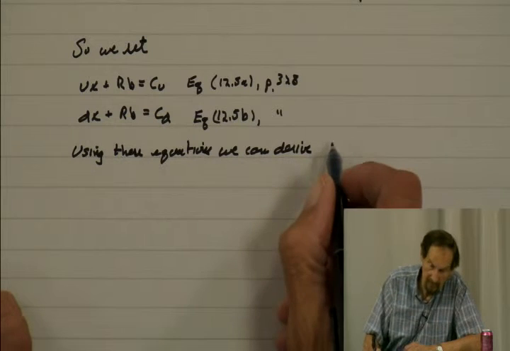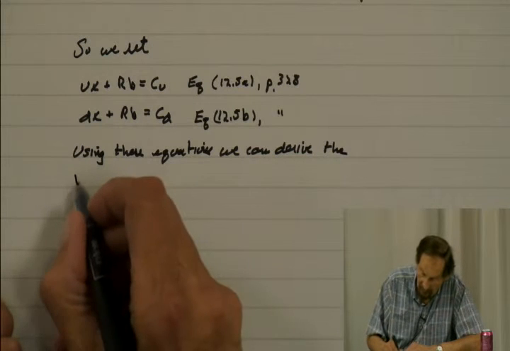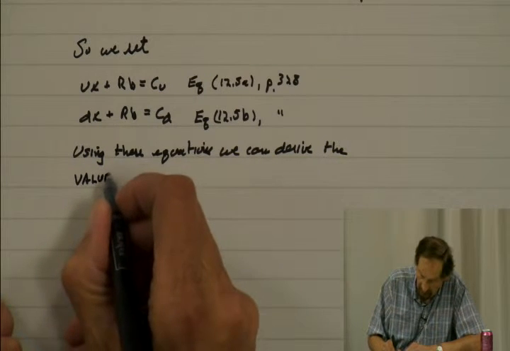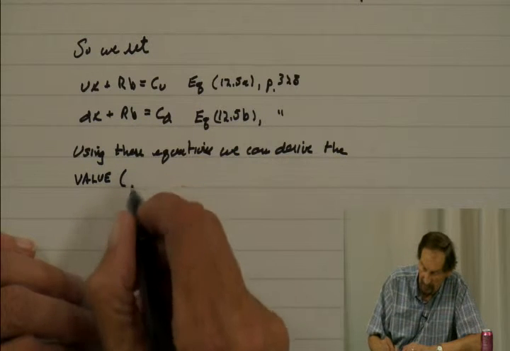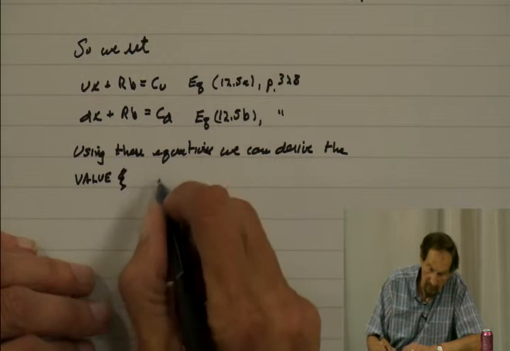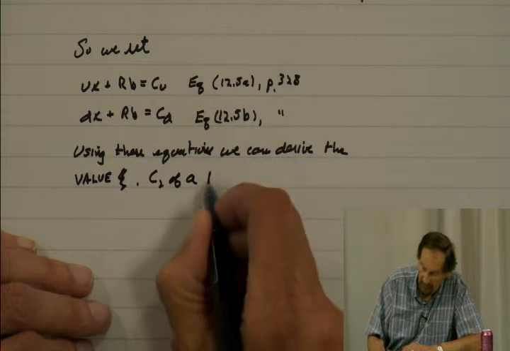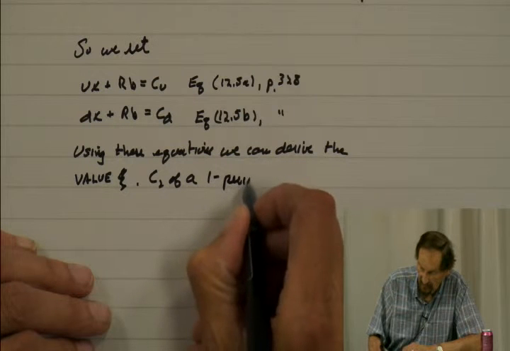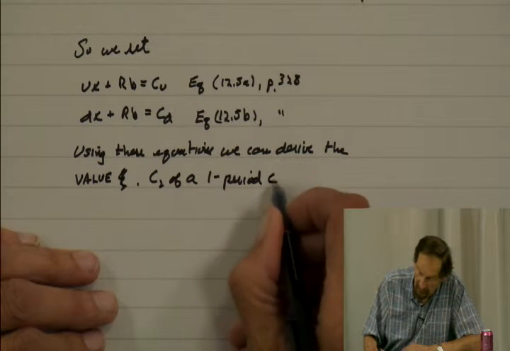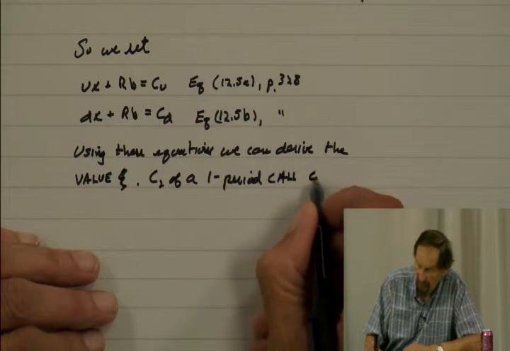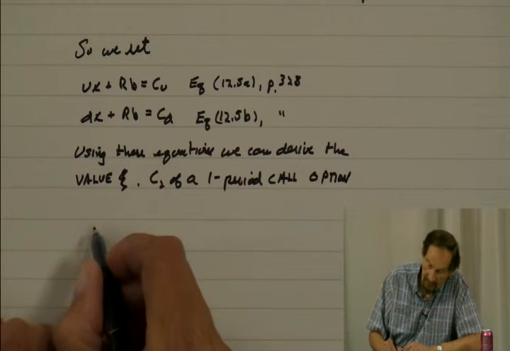the value, or let's just call it the value C of a one period call option, and that is the following.